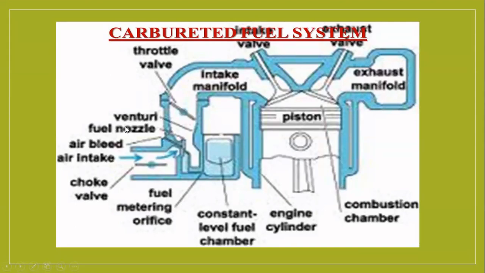I told you jet also, the venturi fuel nozzle, throttle valve, intake manifold, piston, exhaust manifold, engine cylinder, fuel chamber, and combustion chamber. So these are all the things. You draw the carburetor, then intake manifold, piston, exhaust manifold also will be there in your fuel system.